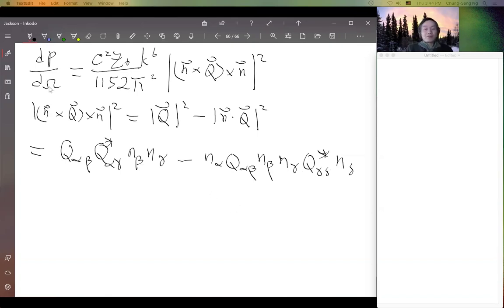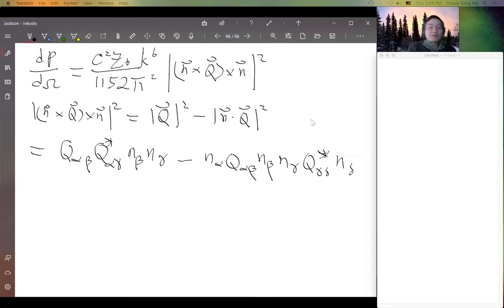And now when you do the total power, you need to integrate over all solid angle. So you need to integrate all this n with respect to the angular dependency. And remember, n is just the radial unit vector.